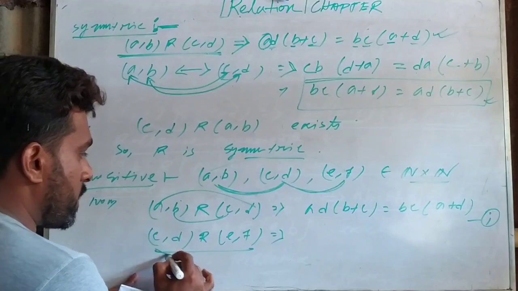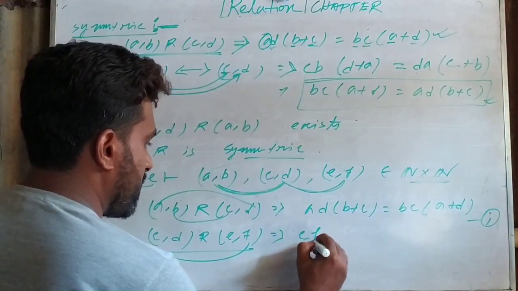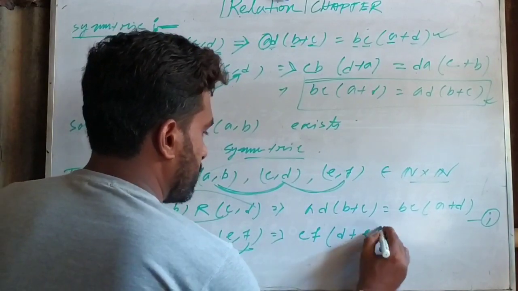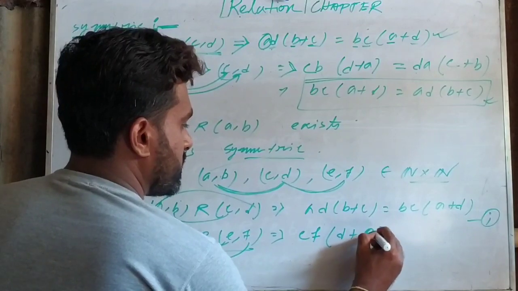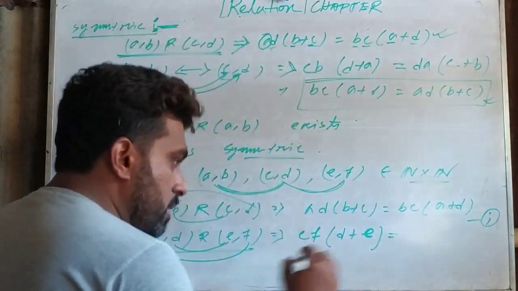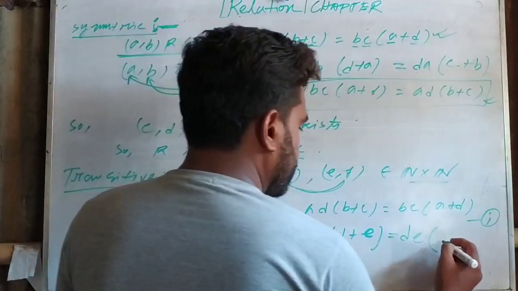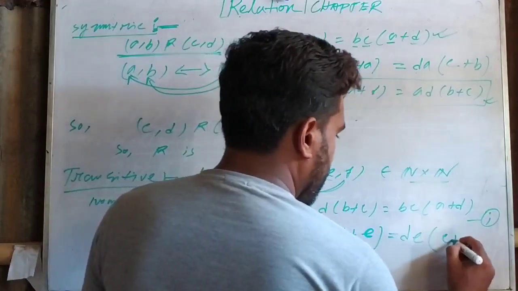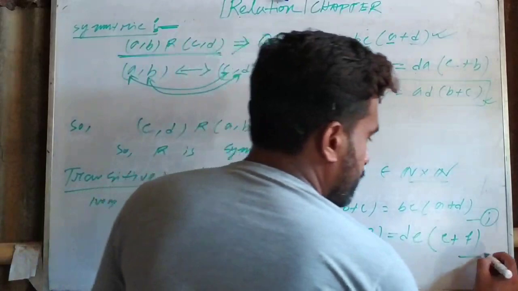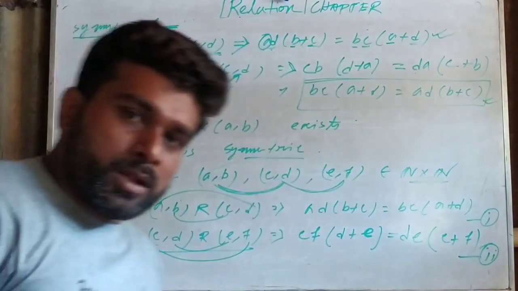The two corner elements will be multiplied, it means CF, and the middle two elements will be added, D plus E. On the right hand side, the middle two elements will be multiplied, it's DE, and the corner elements will be added. That is the similarity. Equation number 2. Okay.